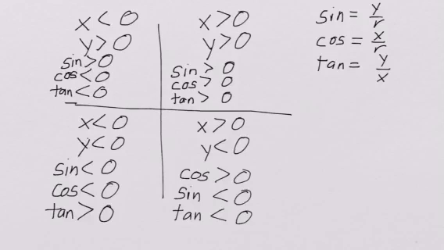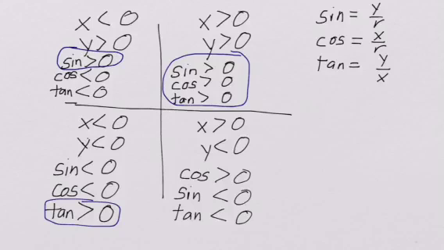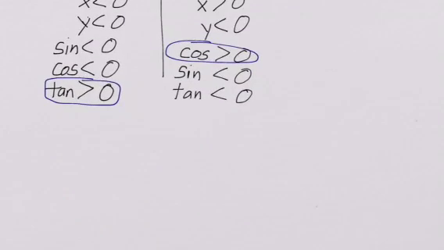So we have, with the three most useful functions, in the first quadrant, all of them are positive. In the second quadrant, the sine is positive. In the third quadrant, the tangent is positive. And in the fourth quadrant, the cosine is positive. So there is a helpful mnemonic for you to remember this.